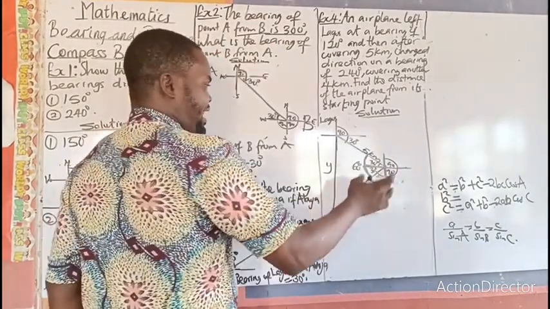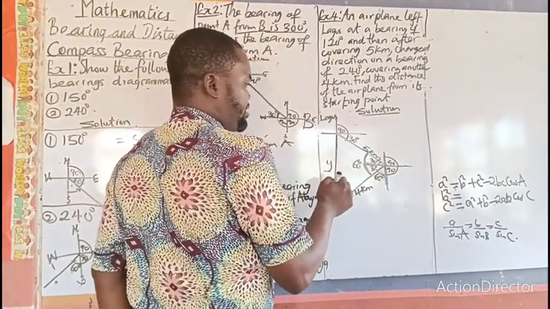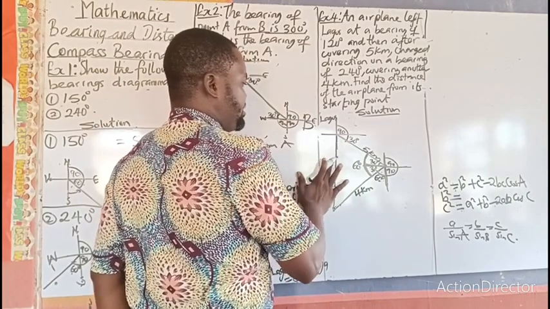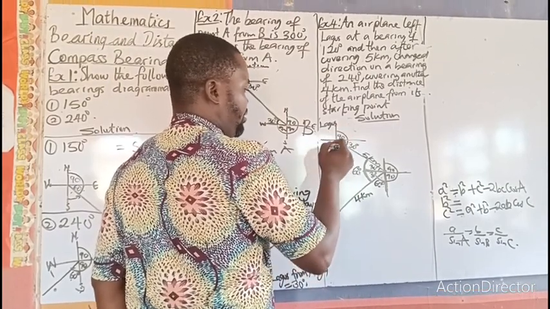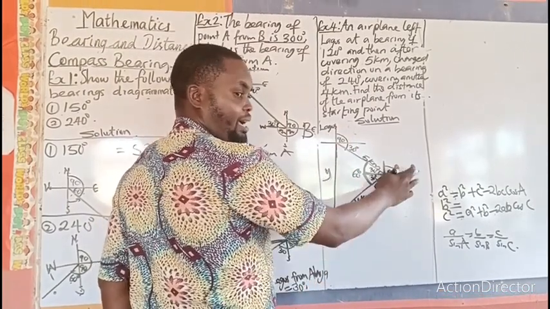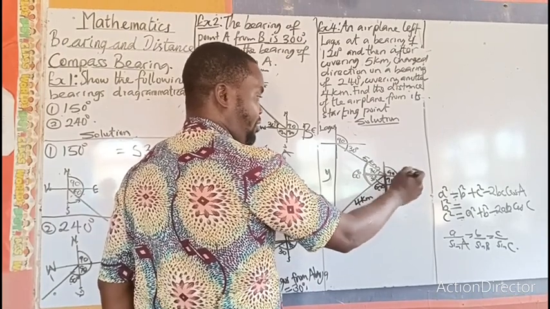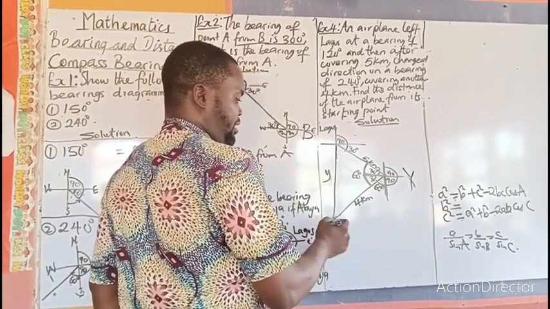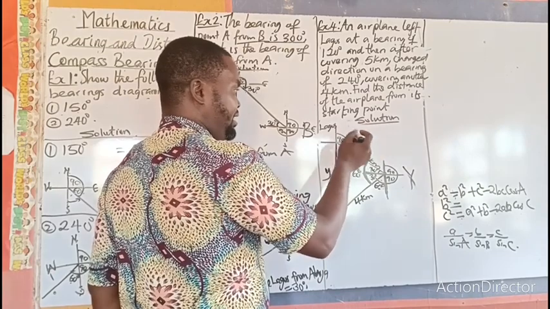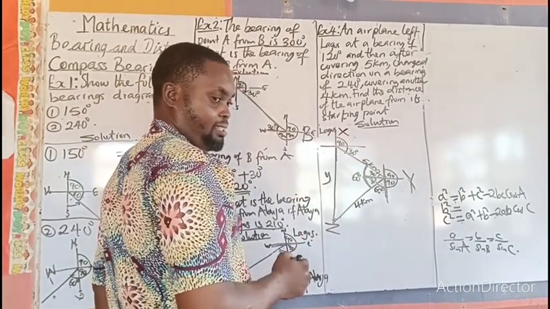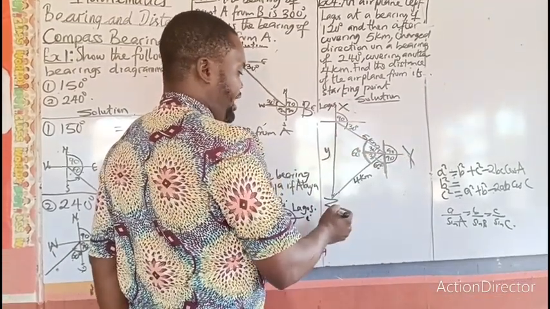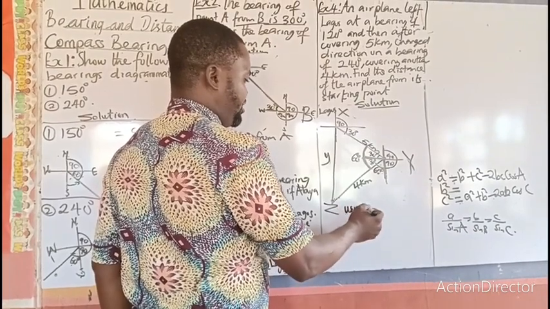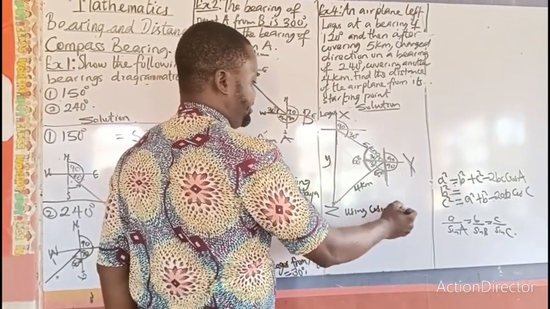Now, it means that if I call this place, let me say we said this is y, this small letter y, I will call this place capital letter Y. What do I call this place? Z. I'm the one labeling it now, X, right? I call it X, Y, Z. What will I do here, using the cosine rule?